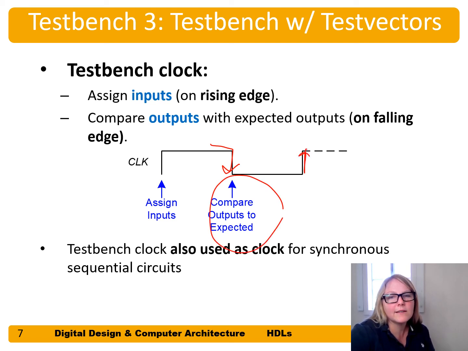And then on the next edge, assign new inputs, compare the outputs, new inputs, and so forth. So this clock is basically helping us produce that delay, where we assign inputs and then wait for a bit before we compare the actual outputs of the module with what we expect.